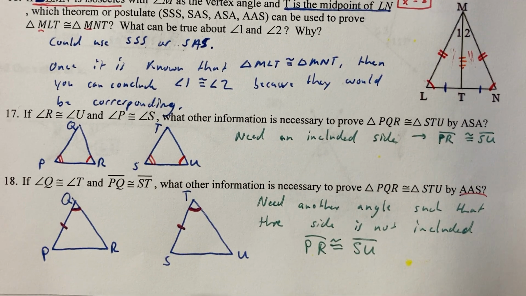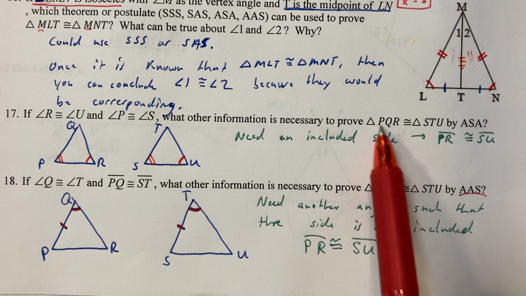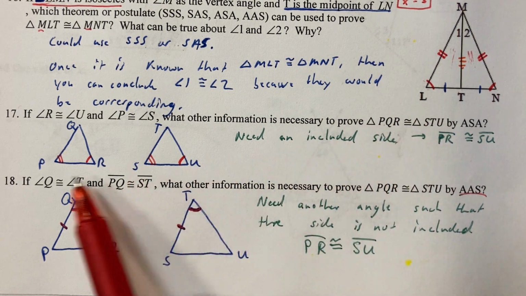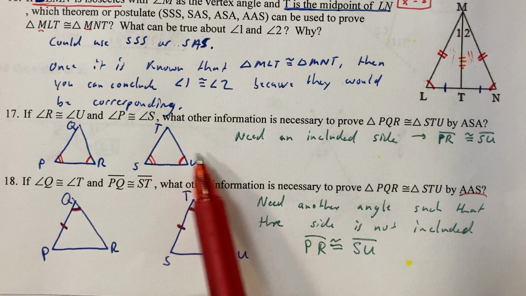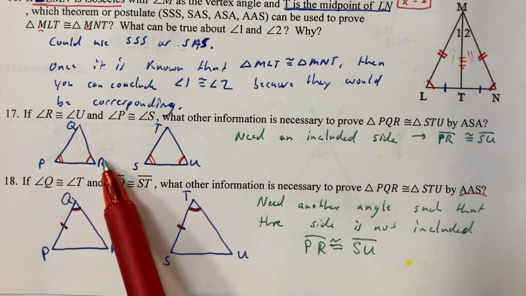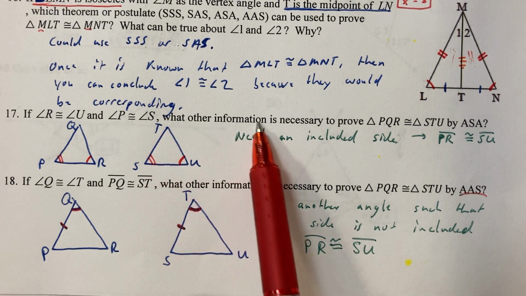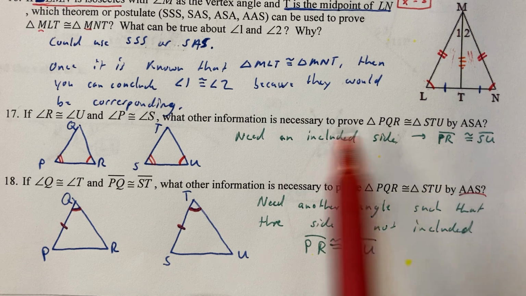Number 17. What I did was I took these two triangles that I'm looking at and I drew pictures. PQR versus STU. I made them correspond. I labeled my information, and then it says what other information is necessary to be able to use angle, side, angle.